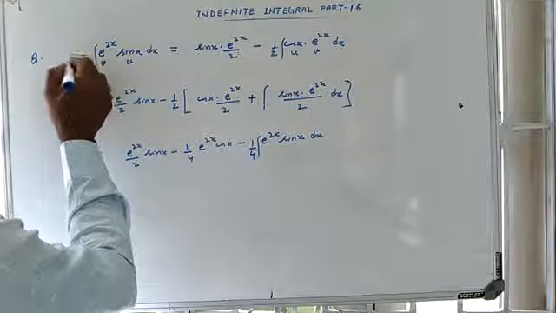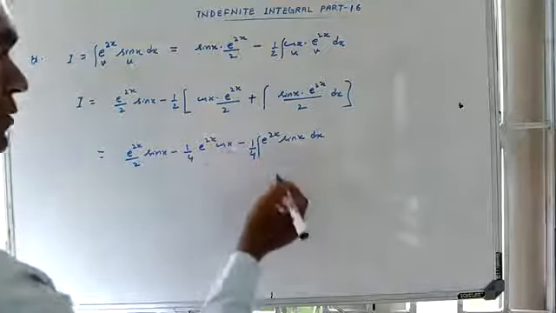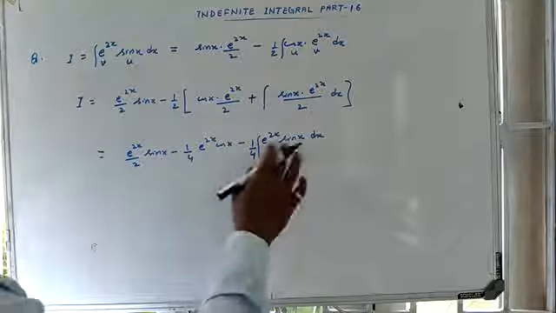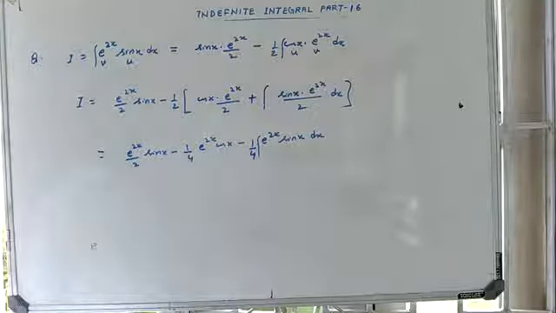So this is the original integral I. When we integrate again, the repetition will come, but the function will not vanish completely.